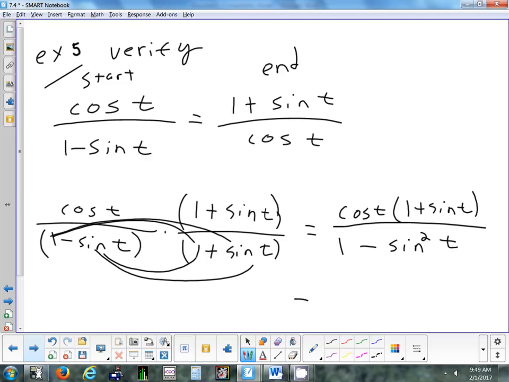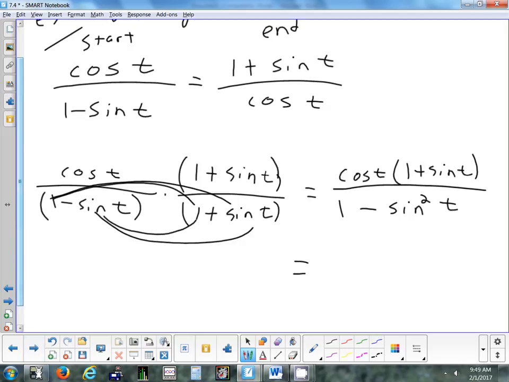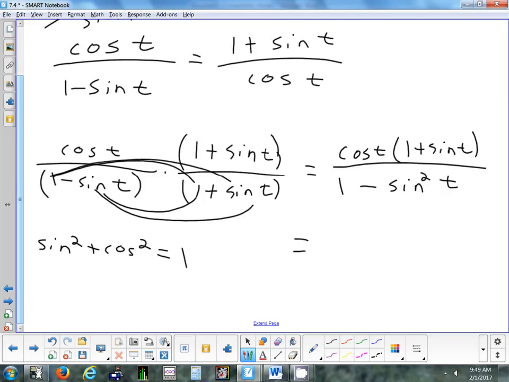Now, here, we have to recognize something. Does this bottom kind of look like something we've done before? What does it kind of look like, but it's rearranged a little bit? It's an identity we used today a couple times. The Pythagorean identity. Sine squared plus cosine squared equals 1. Well, watch what happens if I do this. I'm going to move this to the other side. It's not a new identity.